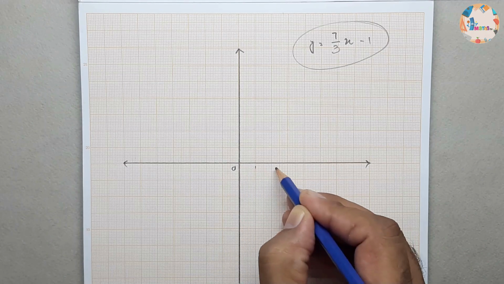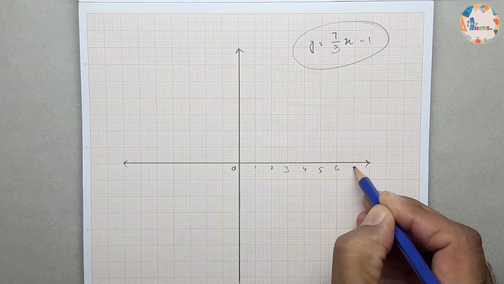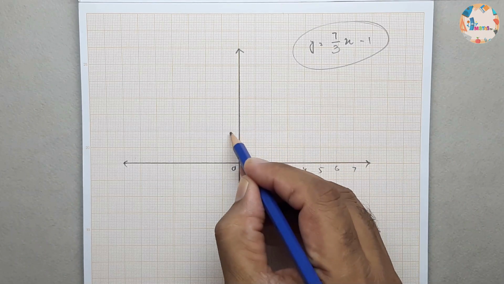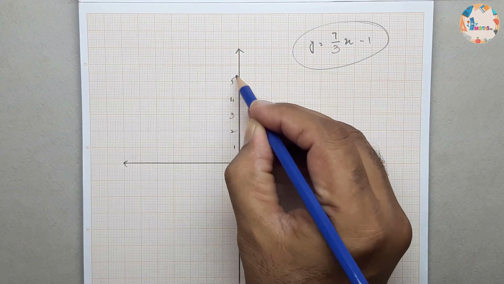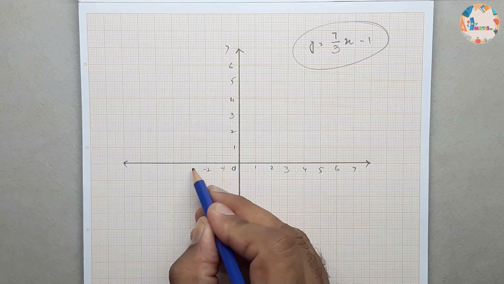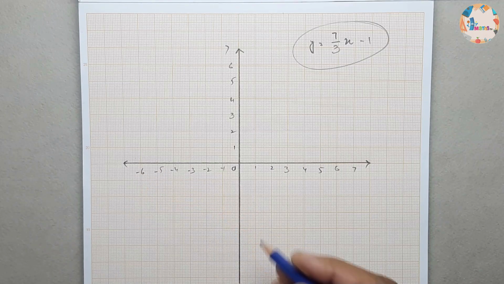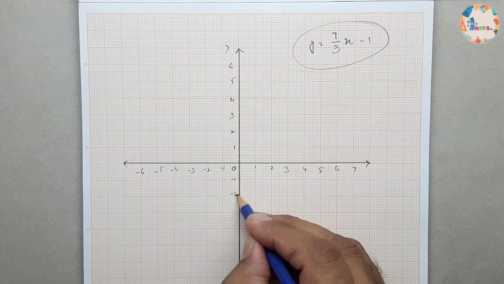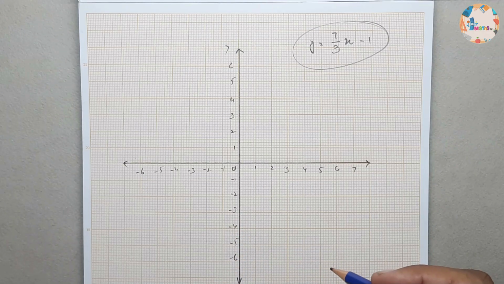One unit we can take as 1 2 3 4 5 6 7. Similarly 1, 2, 3, 4, 5, 6, 7, and this side is -1, -2, -3, -4, -5, -6, -1, -2, -3, -4, -5, -6.